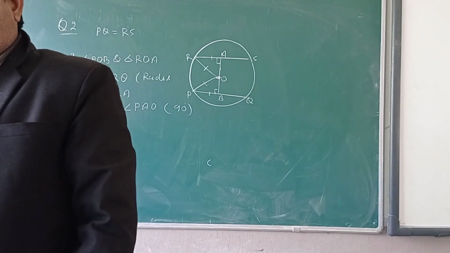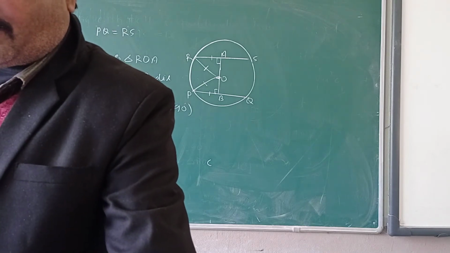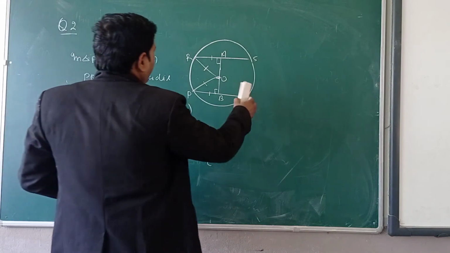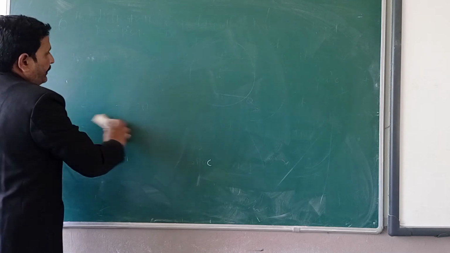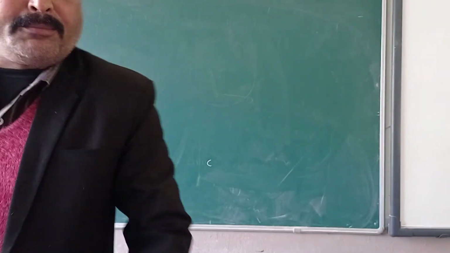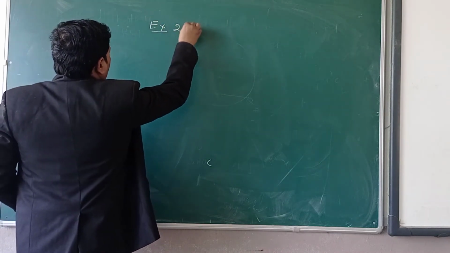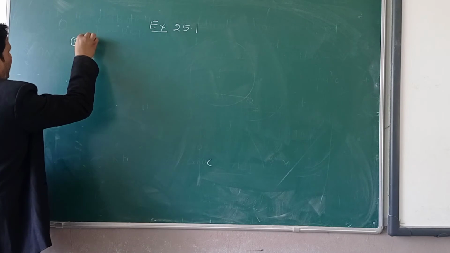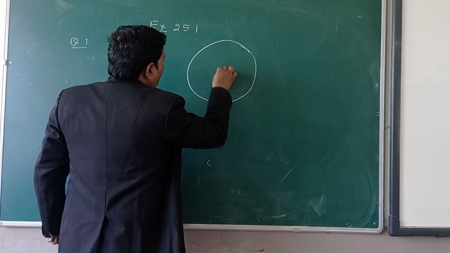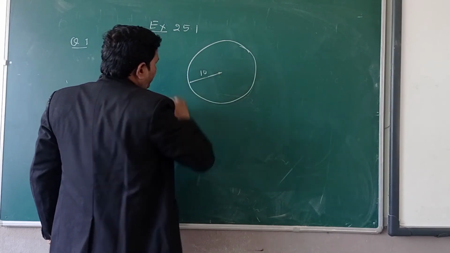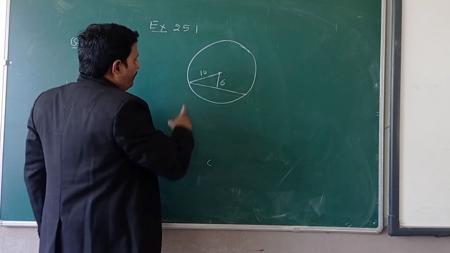In a circle of radius 10 cm, a chord is at a distance of 6 cm from the center. Find the length of the chord.